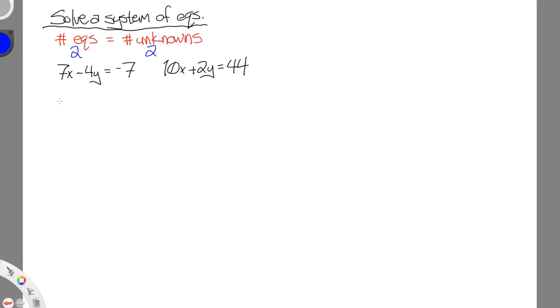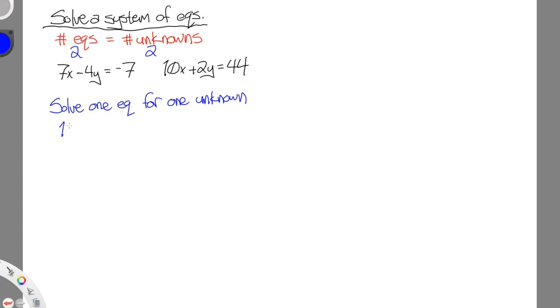The first step is to solve one of the equations for one of your unknowns. And it can be either equation, usually better to pick the simpler of the two. For reasons that actually don't really matter, I'm going to choose this second equation to start with.